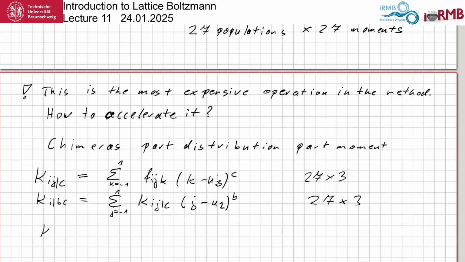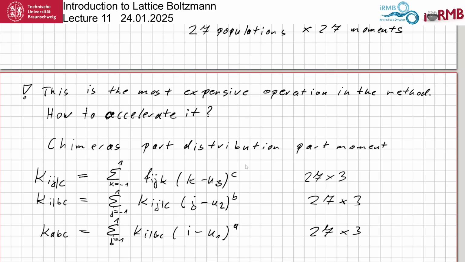And then we end up with the actual moment when we do the sum over i from -1 to 1 of K_ibc, with i minus u1 by the power of a, and again this has the same number of operations.